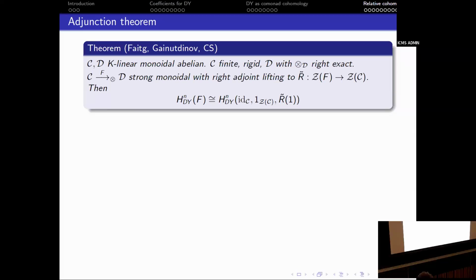Then, if you have here a right adjoint lifting, which was the functor I have discussed here, Davydov-Yetter for a functor F can be written down in terms of Davydov-Yetter for the identity functor. So that's playing in the central monad in the setting we really know best, where one coefficient stays trivial, and the other one is an object in Z of C, which you can compute using the right adjoint. Okay.